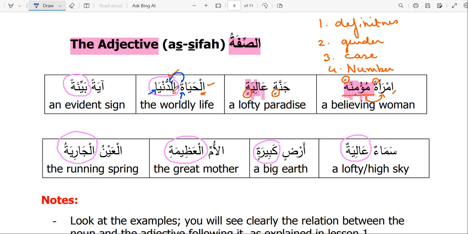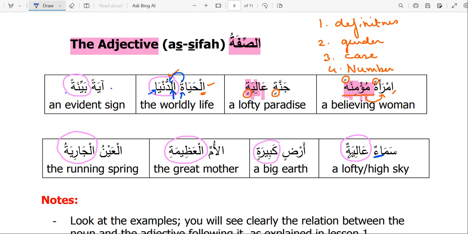Al hayatud dunya. Ayatan bayyinatan. You can match nakira, nakira, feminine, feminine, singular, singular, fatatan, fatatan. Sama'un aliyatun. Now this is the sign of femininity, and this is also from the feminine nouns. So the sifa is coming with the feminine noun also.